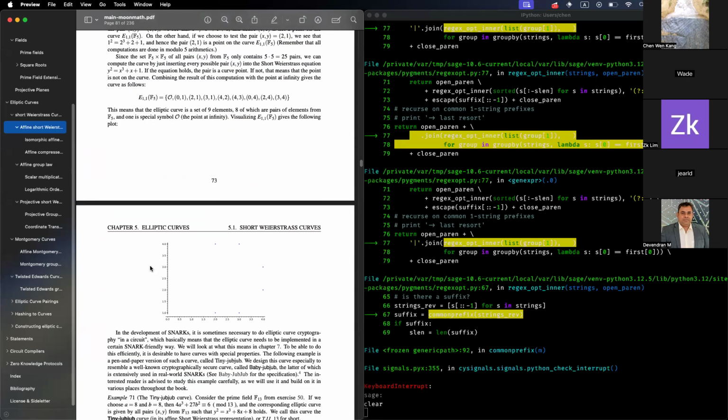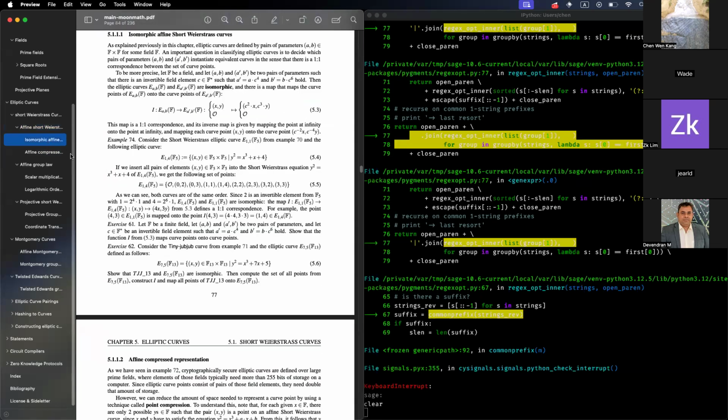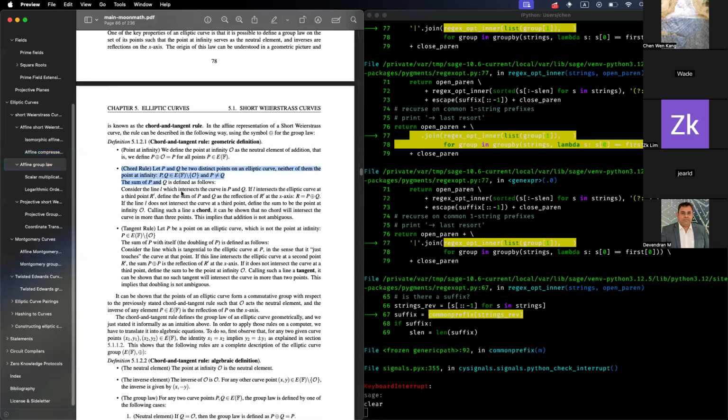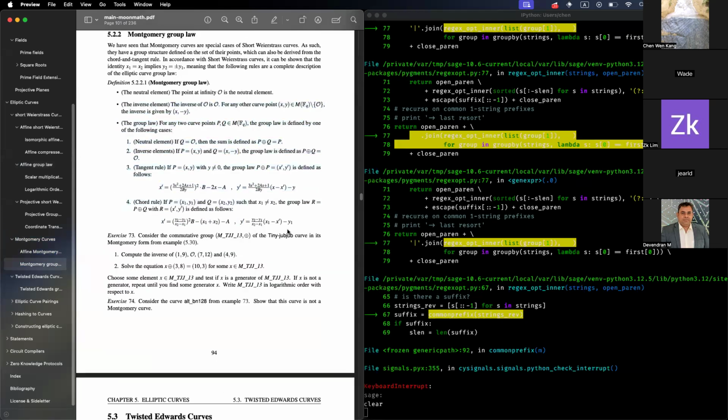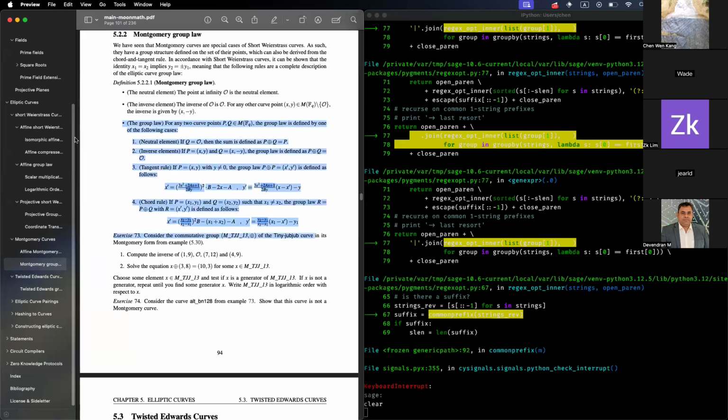I think mainly due to the group law being hard to deal with because you actually need to define each case, like how do I do the chord rule and tangent rule? Whereas for Montgomery curves, they have already defined it in formulas so it's very easy to calculate, as compared to the short Weierstrass curve where it's very much geometric. This is slightly easier to do calculation with because of its property.